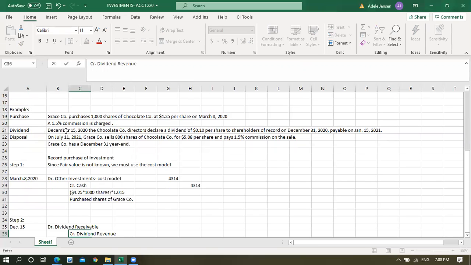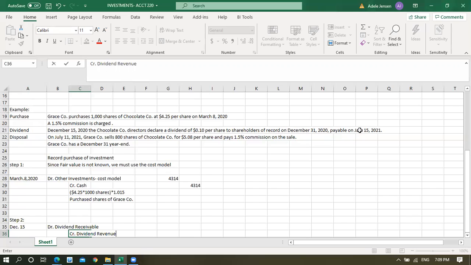So let's just clear this up here. It says it declared the dividend on December 15th to the shareholders of record on December 31st, 2020. So it's saying that whoever owns shares as of December 31st, 2020, they will receive the dividend payable on January 15th.